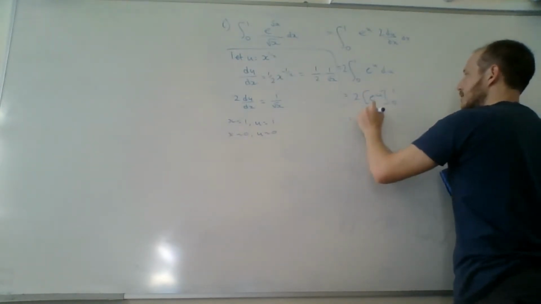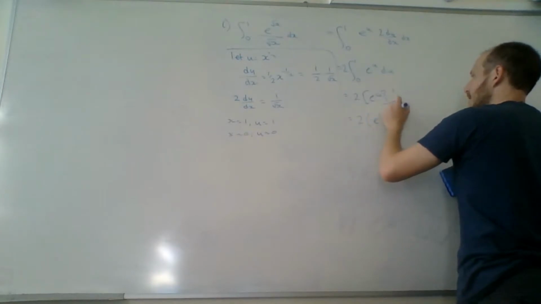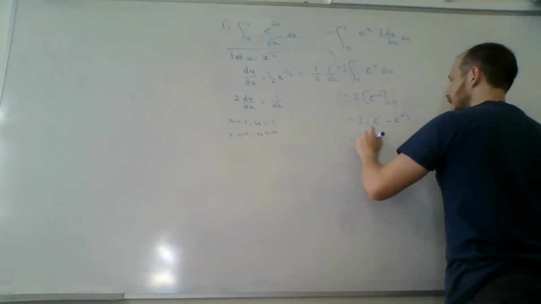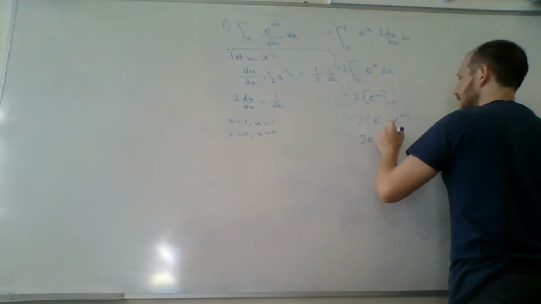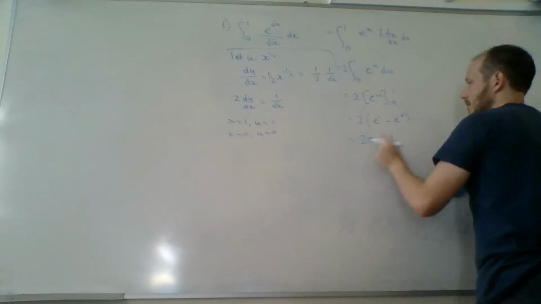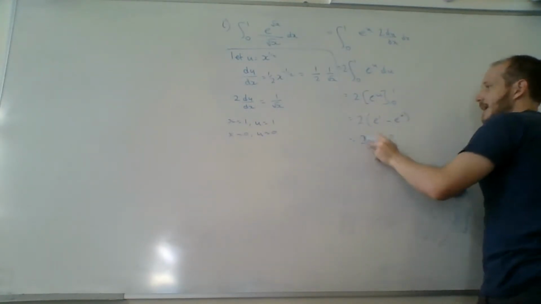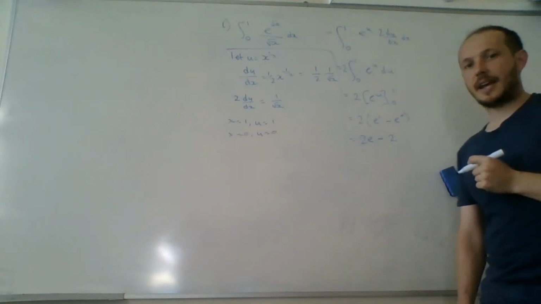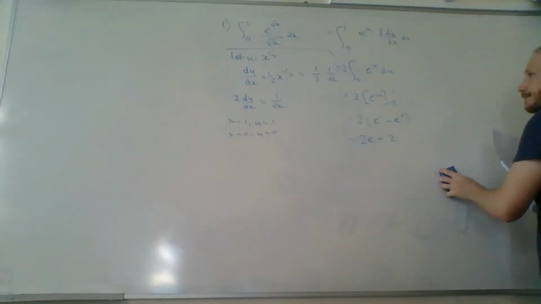Substitute in our values, so 2 lots of e to the 1 minus e to the 0. So this is 2 lots of e minus e to the 0 is 1 times 2 is 2. So 2 times e is 2e, and 2 times 1 is 2. So we've got 2e take 2 in this case.